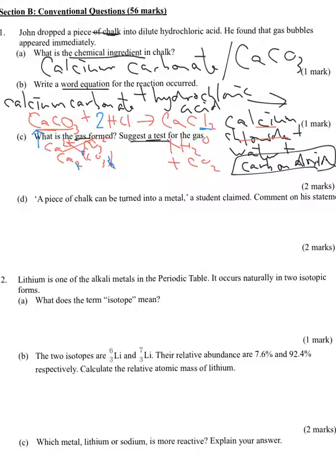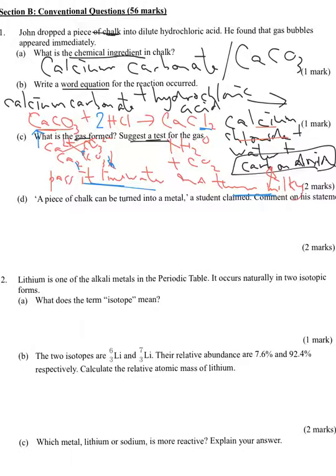That means, now we have the carbon dioxide, the test will be pass it to lime water, and the observation will be it turns milky. The first part is the reagent, lime water. The second part will be the observation, turns milky.